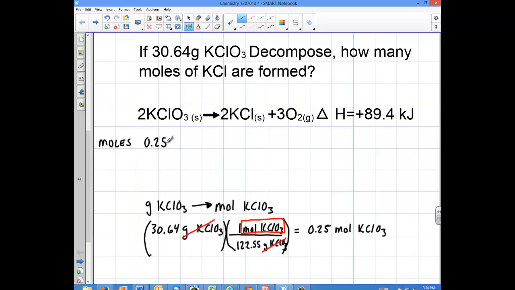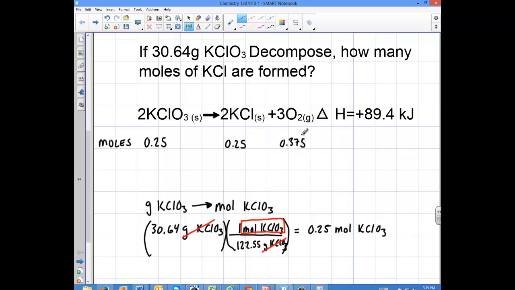Okay, so for example, right away I can say, okay, I want to look at potassium chloride. I can say 0.25 times 2 divided by 2, so that just gives me 0.25 right here. If I say 0.25 times 3 divided by 2, I can get the number of moles of oxygen, which is 0.375. Now, even though the question is not asking for that, it's important to understand the whole picture here.